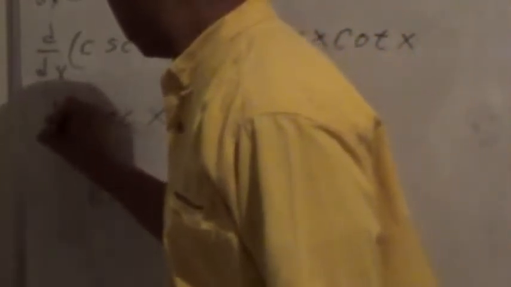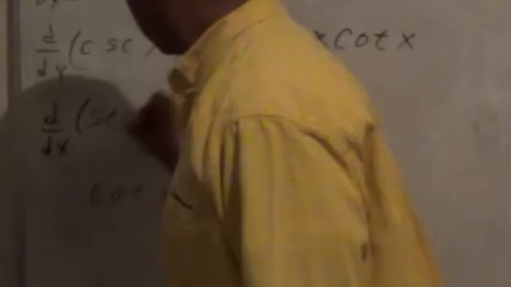The derivative of the secant of x will be secant x times the tangent of x.